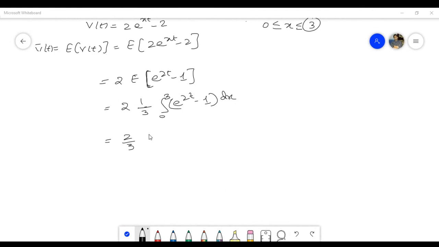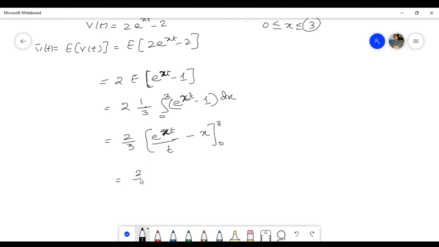So it is 1 by 3 e power 2t, integration of e power 2t is e power 2t by... sorry, it is xt, not 2t, it is xt. So we are differentiating with respect to x, so it will be 1 xt minus 1 into x from 0 to 3.